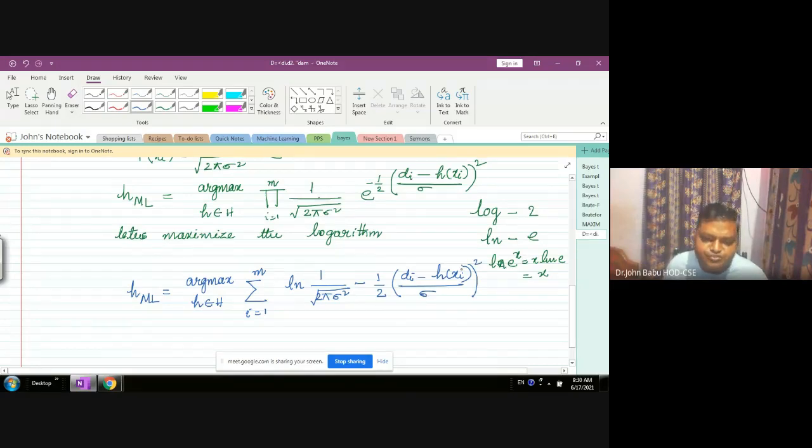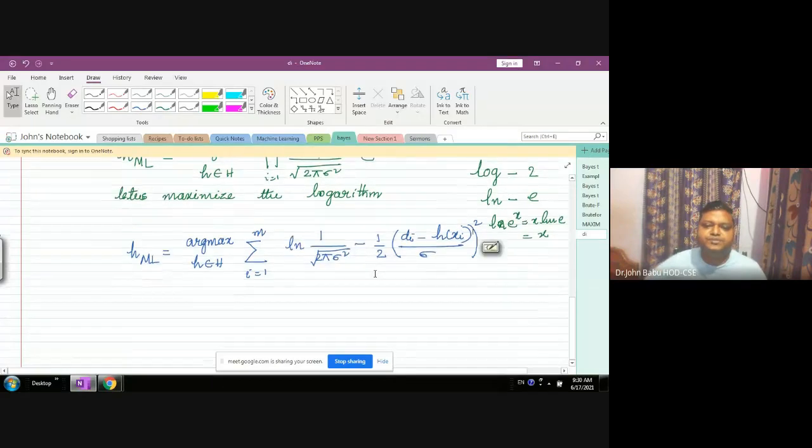What we can do is eliminate the terms which are independent of the hypothesis. This is independent of the hypothesis. It has nothing to do with the hypothesis. And even this 2 sigma square is also independent of the hypothesis. We are only maximizing, we are not evaluating it.